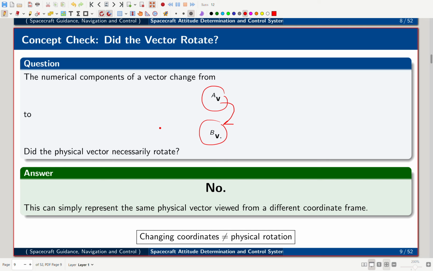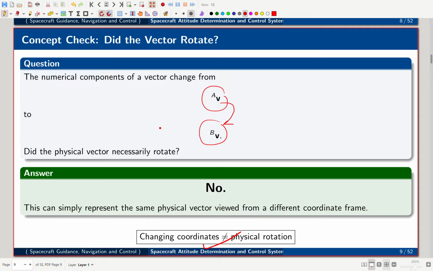So this can simply represent a physical vector viewed from a different coordinate frame. So changing coordinates is not physical rotation. That's very important, and we should understand that here. Changing coordinates, not a physical rotation. We are changing coordinates for the sake of our simplicity and our understanding, right?